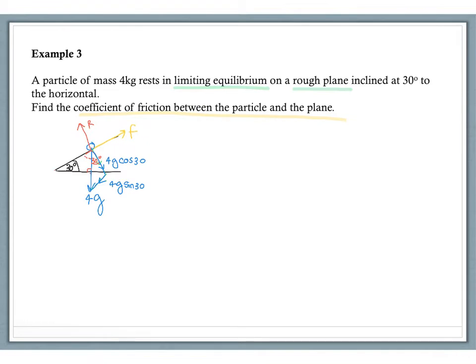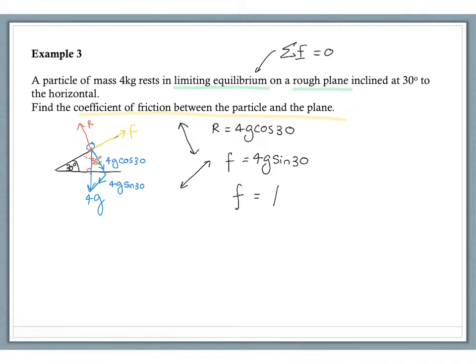We're then going to balance the forces. Remember, it's in equilibrium, so resultant force is equal to 0. We're going to balance the forces perpendicular to the slope. So R is equal to 4g cos 30. And then parallel to the slope, we can see that F is balanced by 4g sine 30.